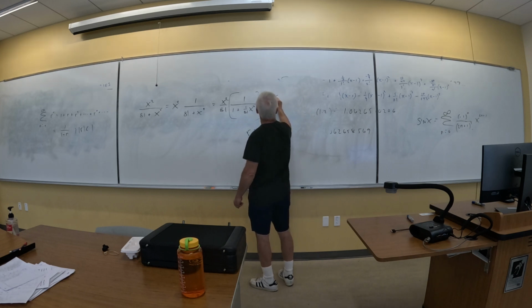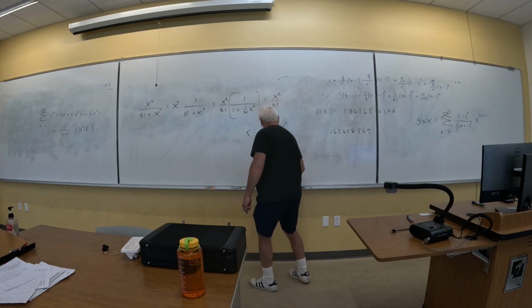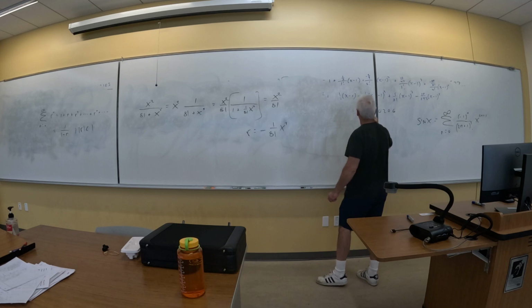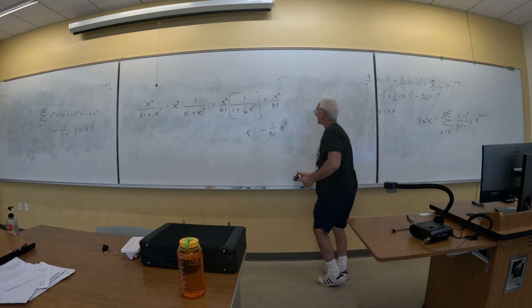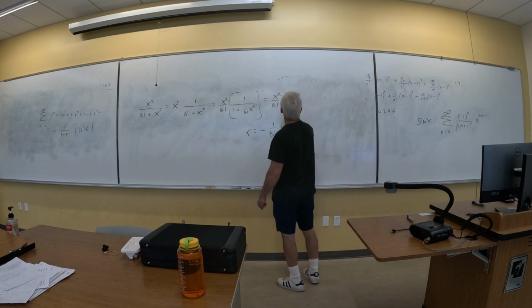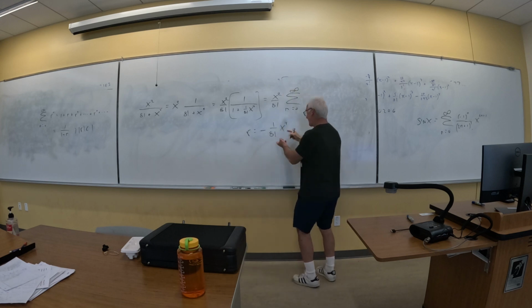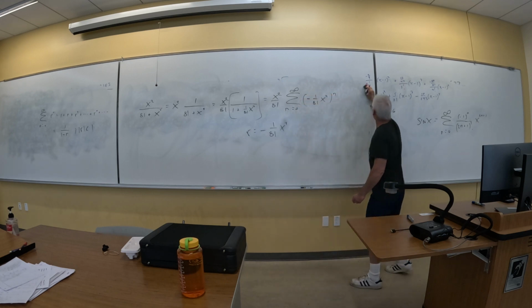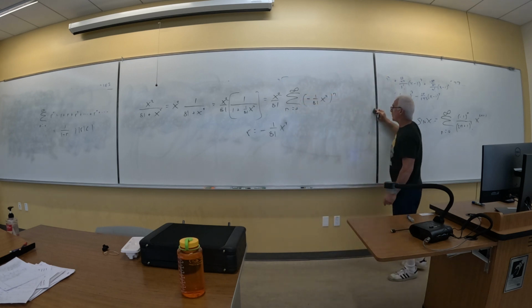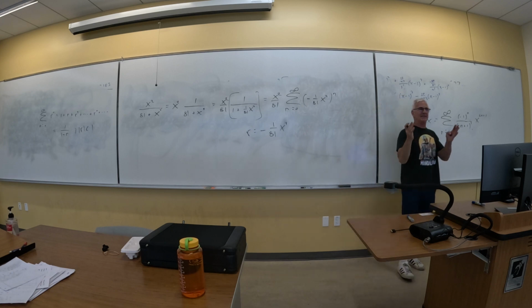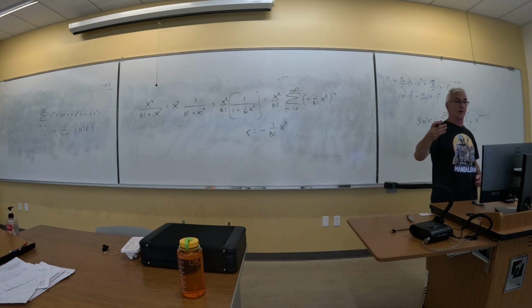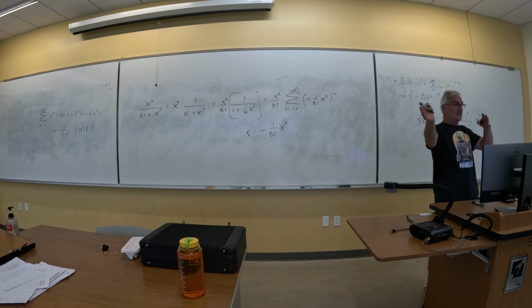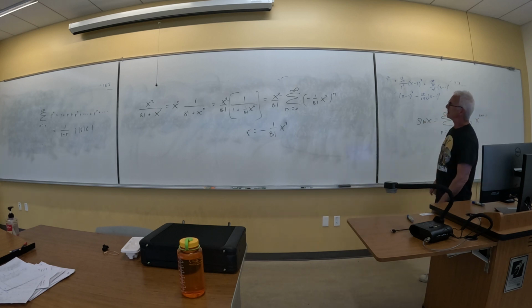So it's going to be x squared over 81, to the n. Now I mentioned before, generally speaking, the coefficient and the x should be separate. That's why I wrote it as 1 over 81 rather than x over 81, because I really do want the x separate from the coefficient.